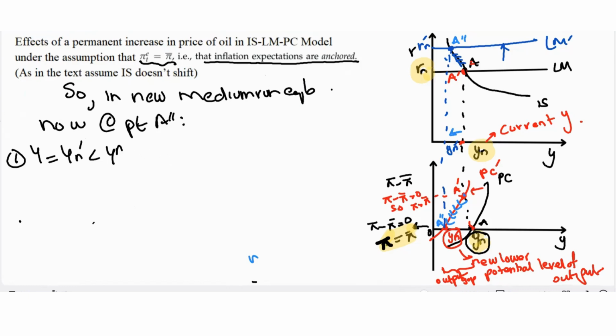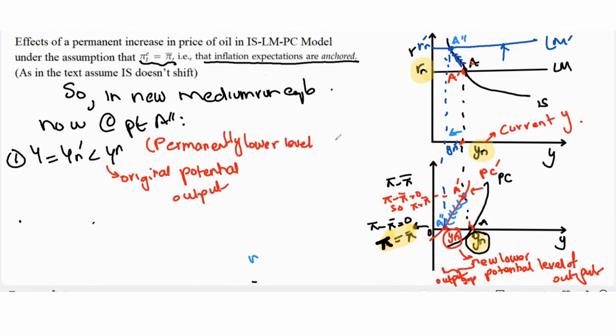Yn was the original potential and natural level of output. So we have a permanently lower level of output because of decreased potential output, right? Because potential output has gone down. So in the medium run, we end up with a permanently lower level of output.